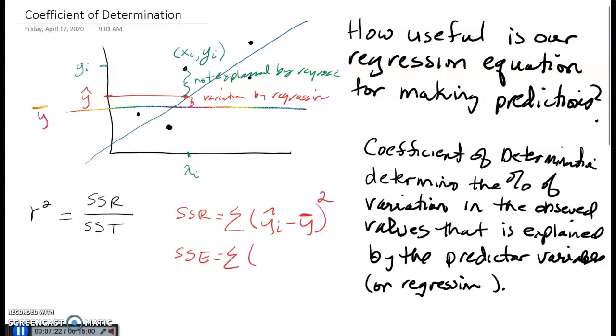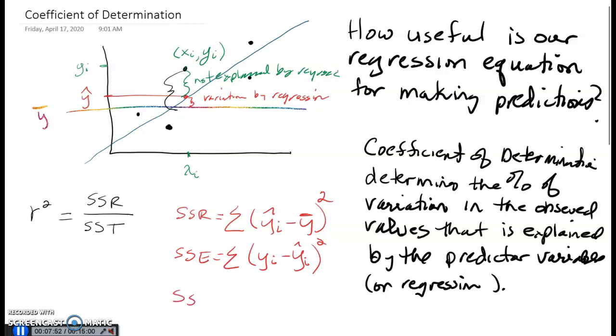That one is the sum of taking each individual y, subtracting the y hat you would get using your regression equation. Okay, now both of these together represent the total sum of squares, the total variation in an observed value of our response variable.